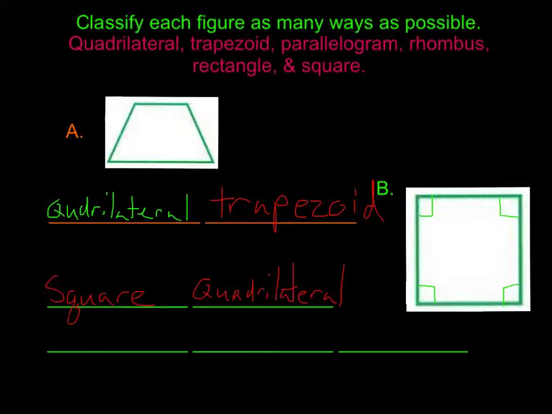So we have our square, we have our quadrilateral. Let's look at rectangle. The definition of a rectangle is 4 right angles and 2 pairs of parallel lines. Well, we have 2 pairs of parallel lines and we have 4 right angles. And so that gives us a rectangle. So we can write rectangle on here.